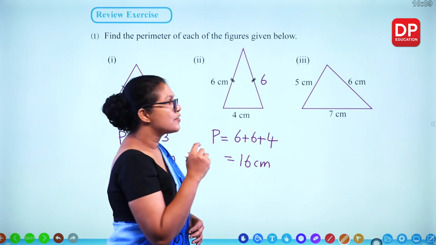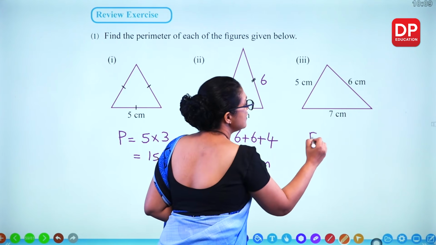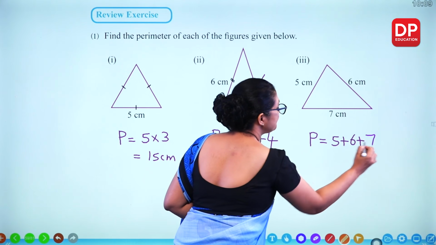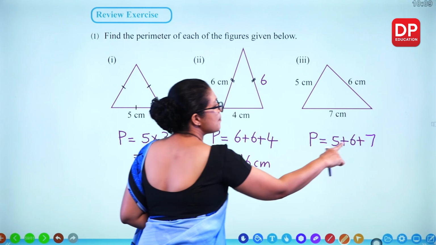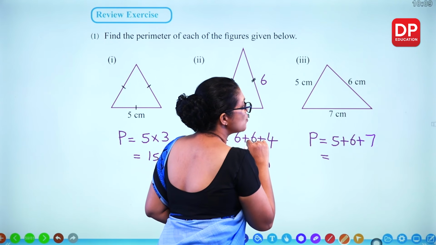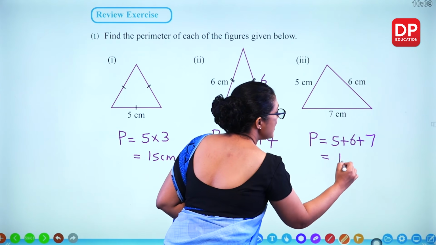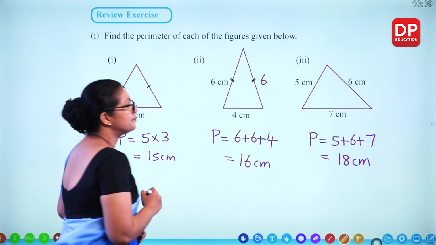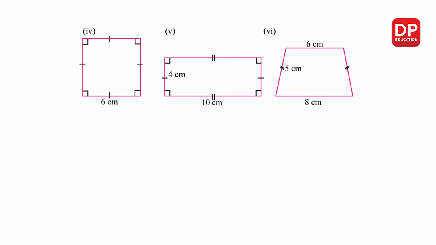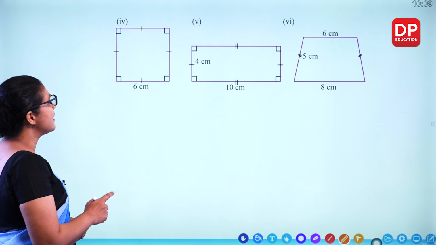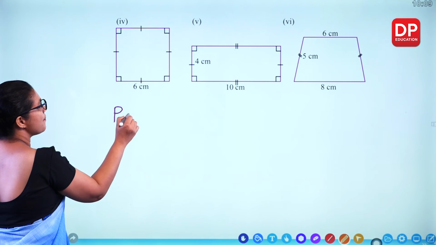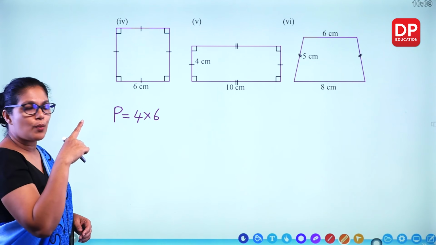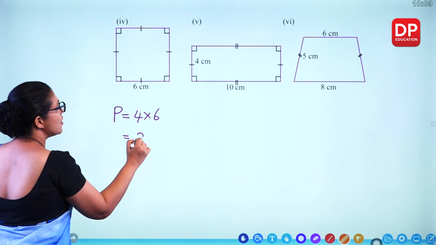This one is a scalene triangle. Just add the lengths. 5 plus 6 plus 7. 7 plus 5, 12. 12 plus 6, 18 centimeters. This is a square. One length is 6. So what's the perimeter? 4 times 6 because there are 4 equal sides in a square.